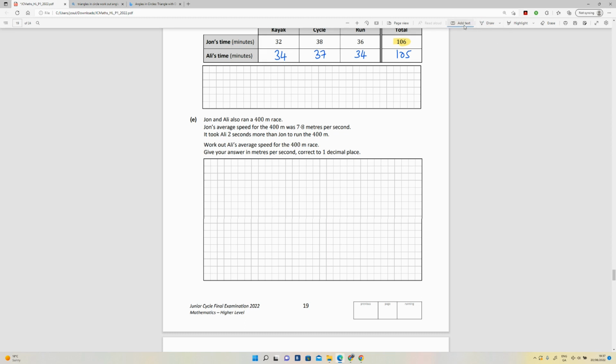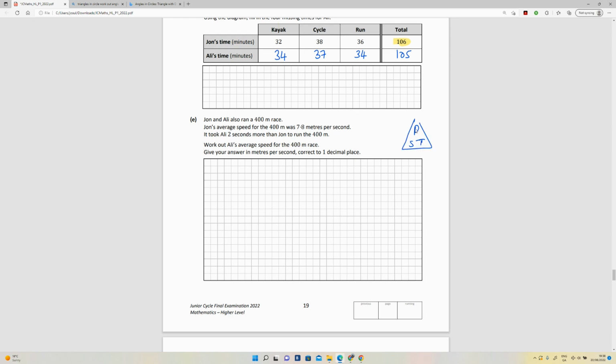Okay. So we're talking about speed, distance and time type of a calculation here. So let's not forget our DST, distance, speed and time. Okay, so we've got a distance here of 400 meters.